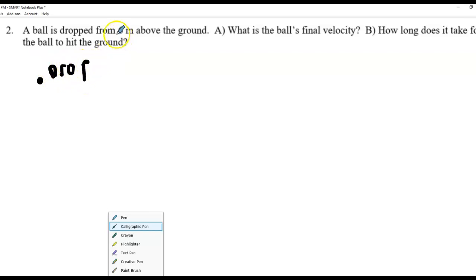The ball's pretty easy to draw, so it's a dot. Okay. And it says we're going to drop the ball from a height of 6 meters above the ground. What's the ball's final velocity, assuming right before it hits the ground? And then how long does it take for the ball to hit the ground? So those are the questions.